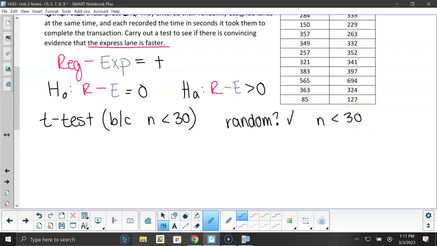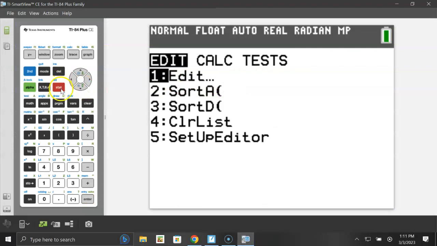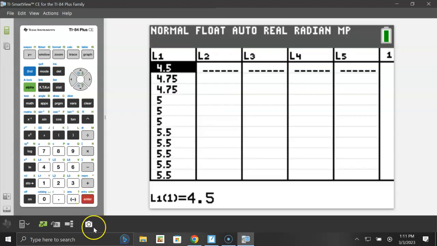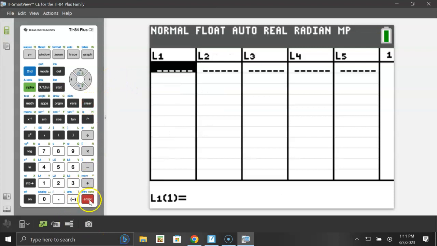I would also say let's maybe graph it so we can make sure, because I don't know if it's going to be normal, because it does have such a tiny sample. We are going to turn on 2 plots. So we're going to go stat, edit. I got to clear all of this from yesterday.